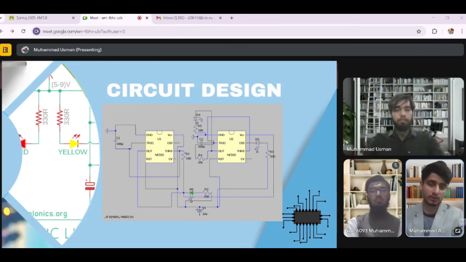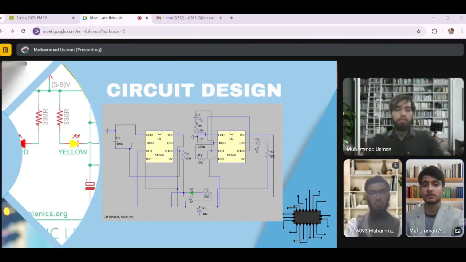The blinking sequence is handled through calculated timing using resistors and capacitors. The 100K and 47K resistors along with the 100 microfarad capacitors determine how long each light stays on. As you can see in the simulation, each light changes at a fixed interval, simulating an actual traffic light pattern.